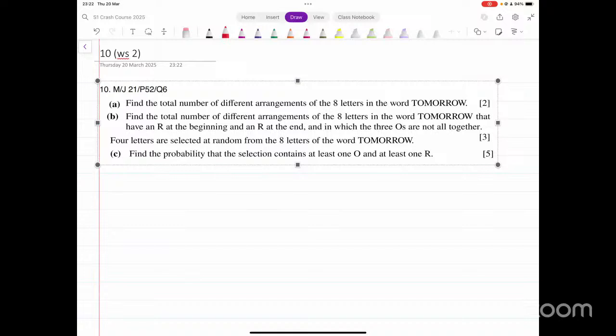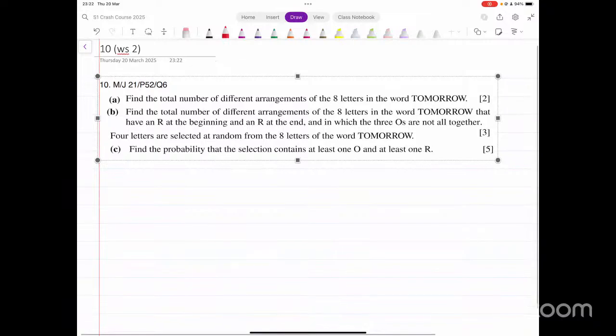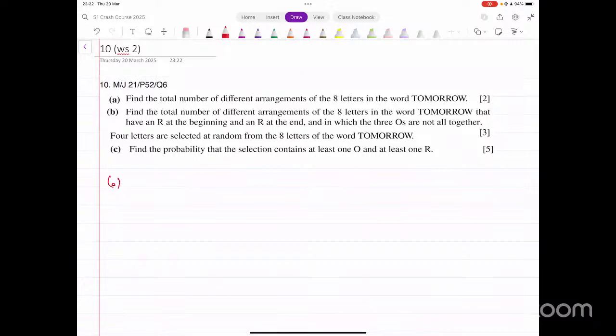Okay, so it says, find the total number of different arrangements of the 8 letters in the word tomorrow. So what would that be? First part, easy, 2 marks. There are 8 letters in total, so that's 8 factorial divided by, we've got 3 O's and then 2 R's, right? 3 O's and 2 R's, so we say 3 factorial and 2 factorial in the denominator.